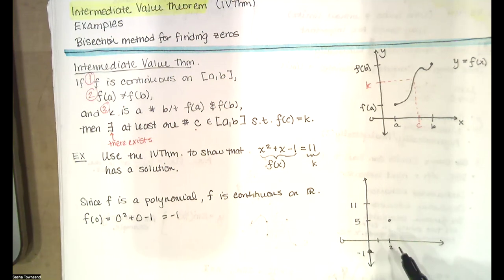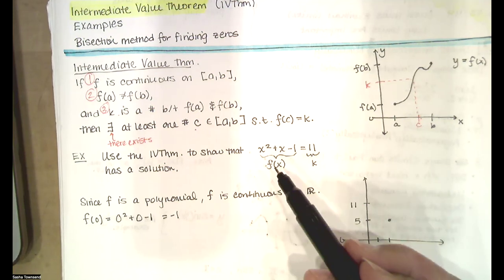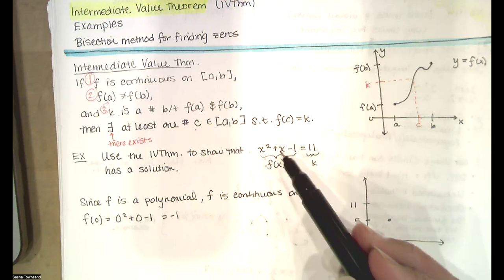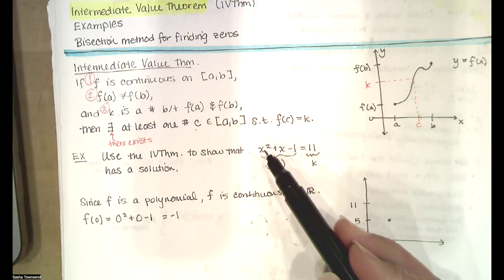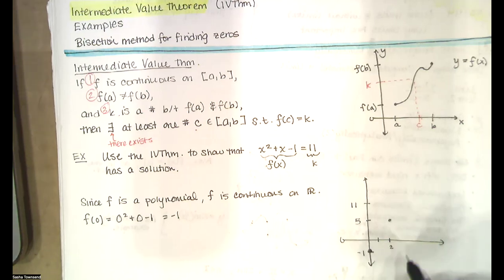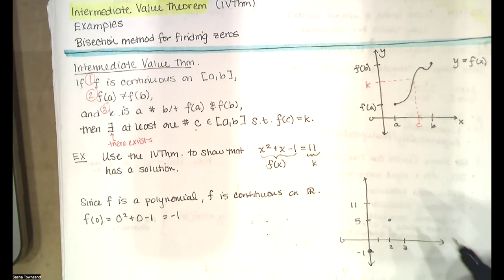We need to choose an x value that gives us a y value that's larger than 11. So I could try 3. 3 squared is 9. 9 plus 3 is 12. And 12 minus 1 is 11. Oh, that's exactly right. There's the solution.